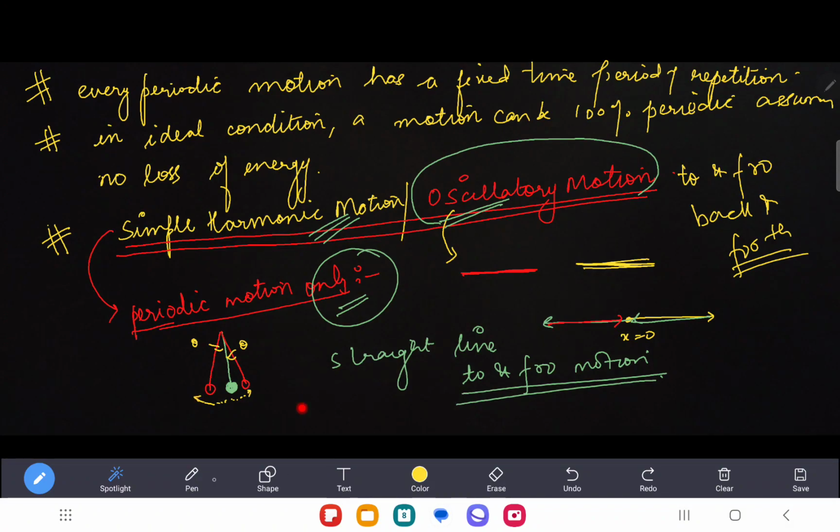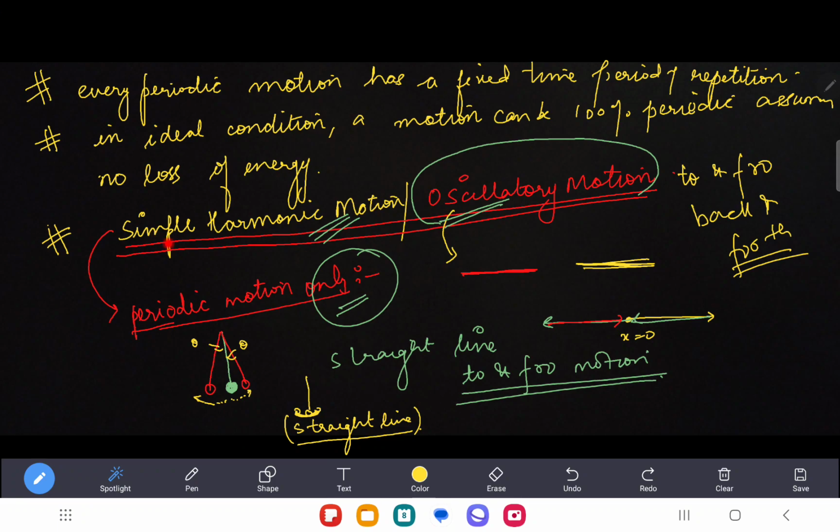It is like this, here and here. So this could be considered a small straight line. Are you understanding? That is the concept.